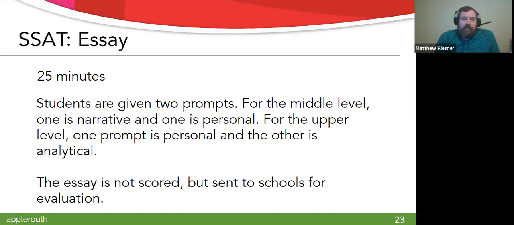So it is essentially for the schools' evaluation, and that's what they're gonna be using it for. I think if they ask you for a writing sample ahead of time, then they might compare the two to see how accurate that writing sample is.